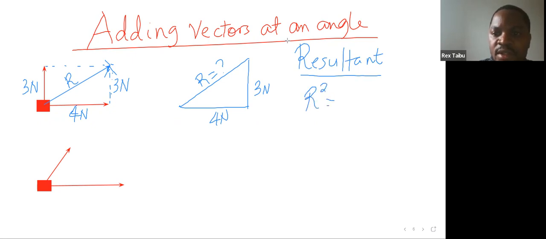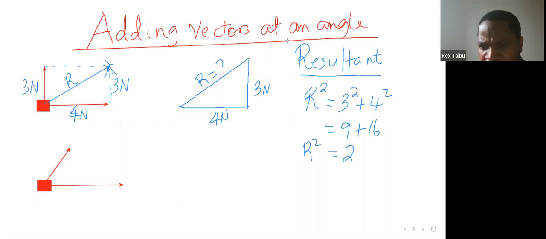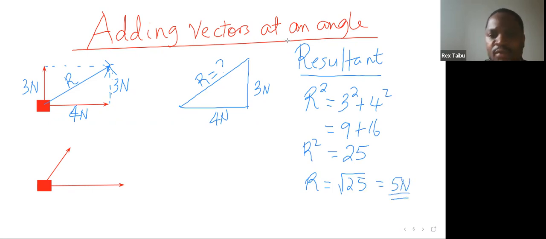R squared is equal to 3 squared plus 4 squared, and this gives you 9 plus 16, which is 25. Therefore, R will be the square root of 25, and that gives you 5 newtons. So that will be the resultant for this problem.